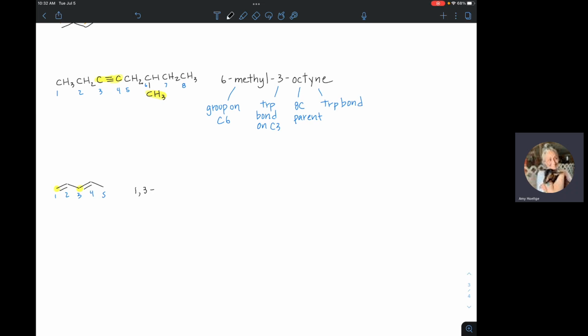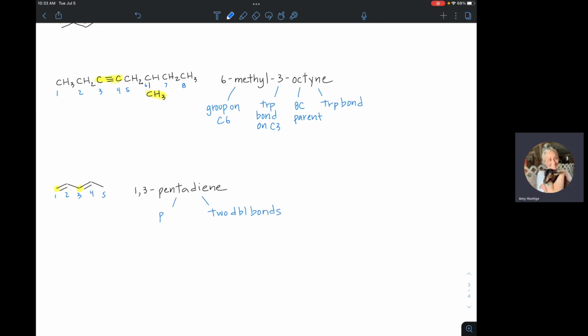So this is going to be penta. We put the a in there for ease of speech. And we use the prefix di to let someone know there are 2 double bonds in the molecule. So this right here, we have 2 double bonds.